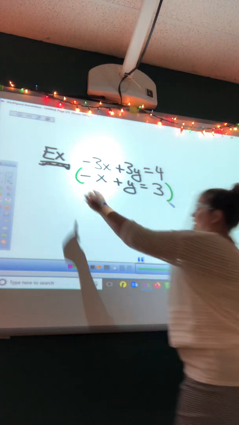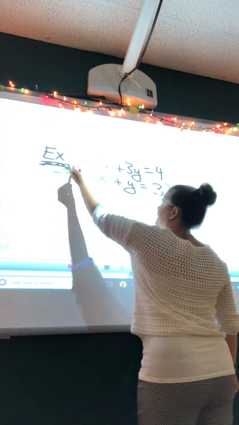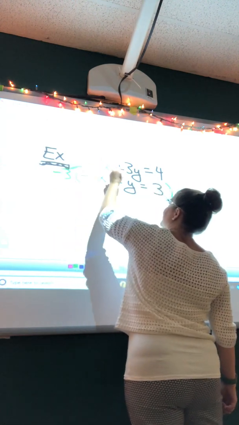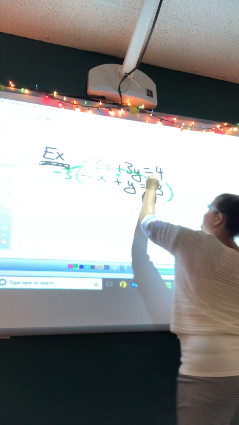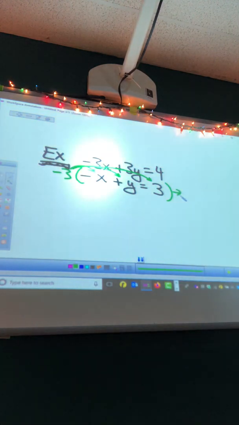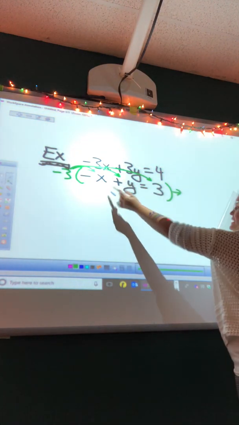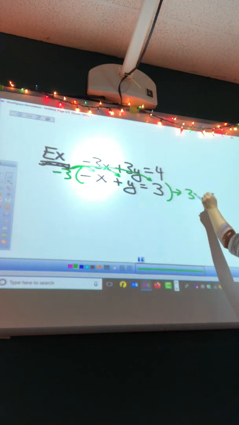All right, so negative 3. And we multiply everything in that equation by negative 3. So we get a new equation off to the side. Negative 3 times negative x, positive 3x.